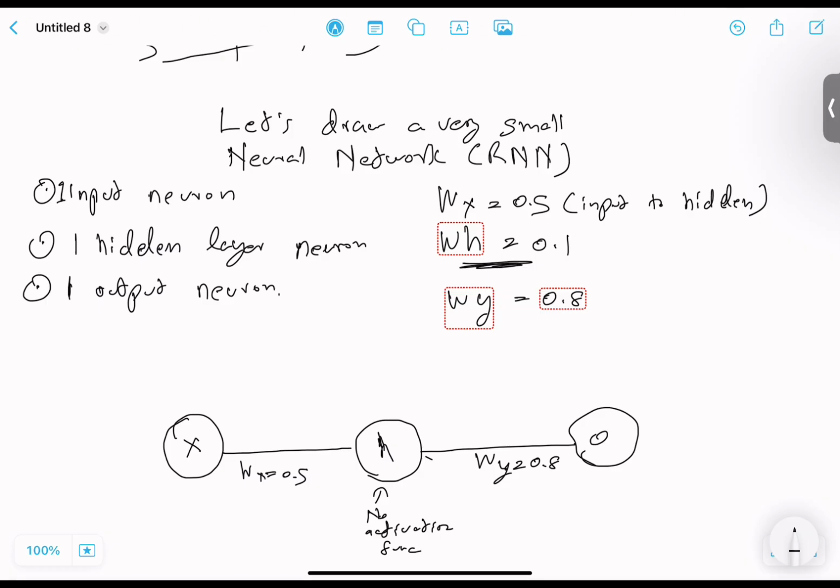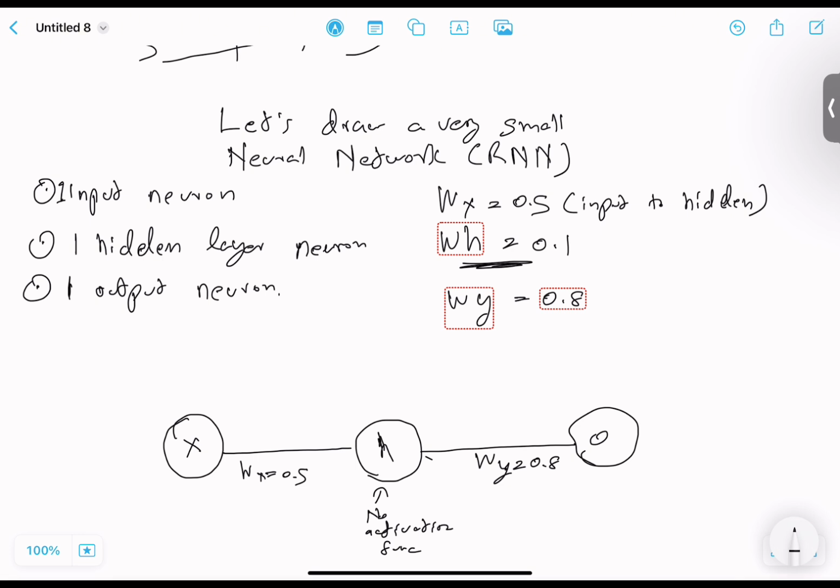But in order to remember the past data, we are introducing a new weight called the hidden weight.